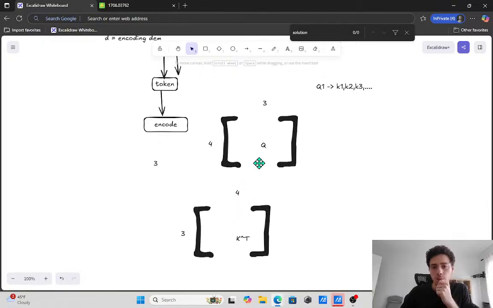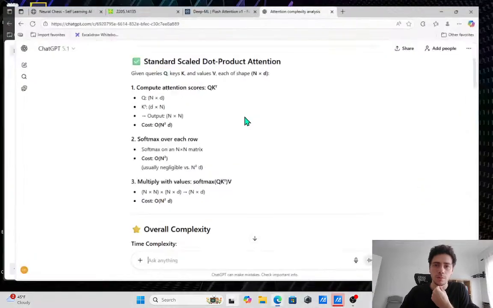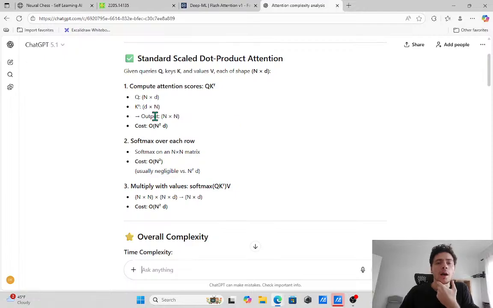So yeah, if we dot these together, we would get a 4 by 4, because this is 4 by 3 and this is 3 by 4, and you would get a 4 by 4 matrix if you dot product these together. Yes, true. Output is n by n.